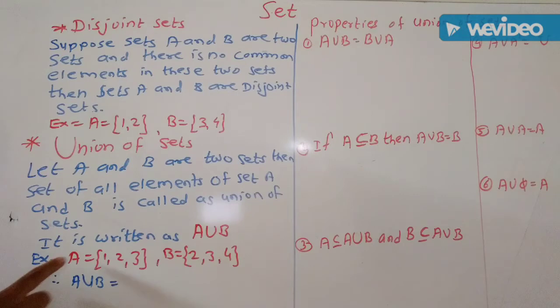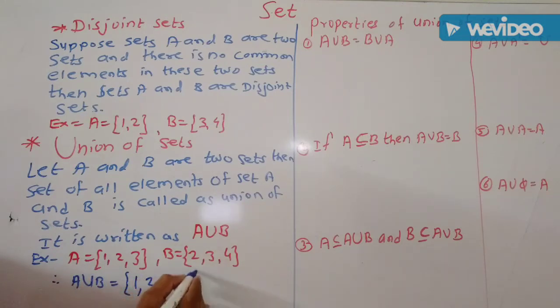For example, A is the set 1, 2, 3, B is the set 2, 3, 4, and we have to take A union B. That means the set of all the elements which are present in A and B: 1, 2, 3, and 4.